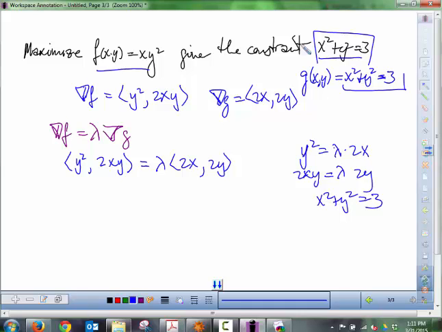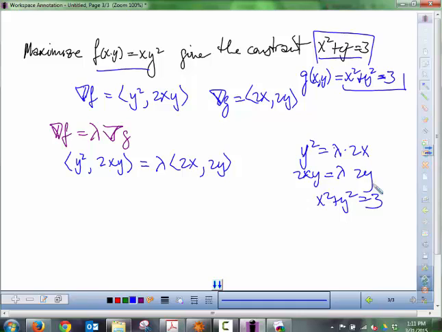When you solve for this, you just have to be careful about dividing by variables. When you divide by variables, you kind of eliminate the idea that that's going to be 0, right? Like for the second one over here, there's a 2y that I'd like to get rid of. I'm only going to allow that to happen as long as y doesn't equal 0.